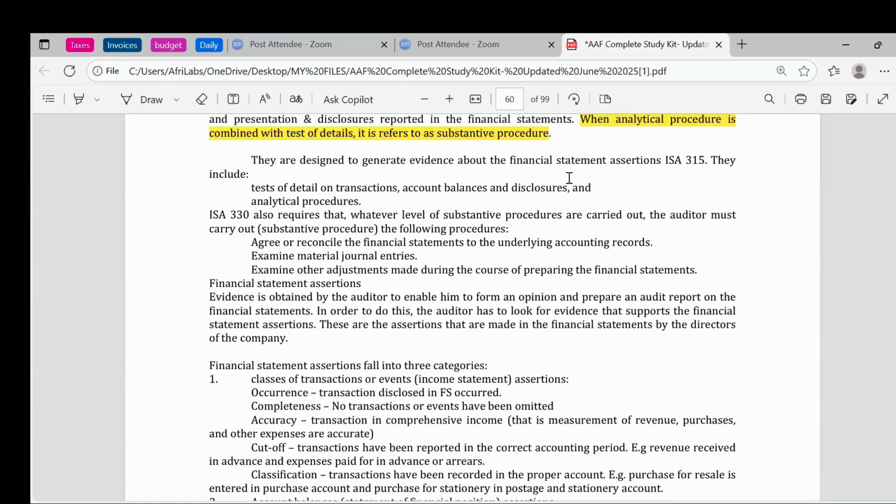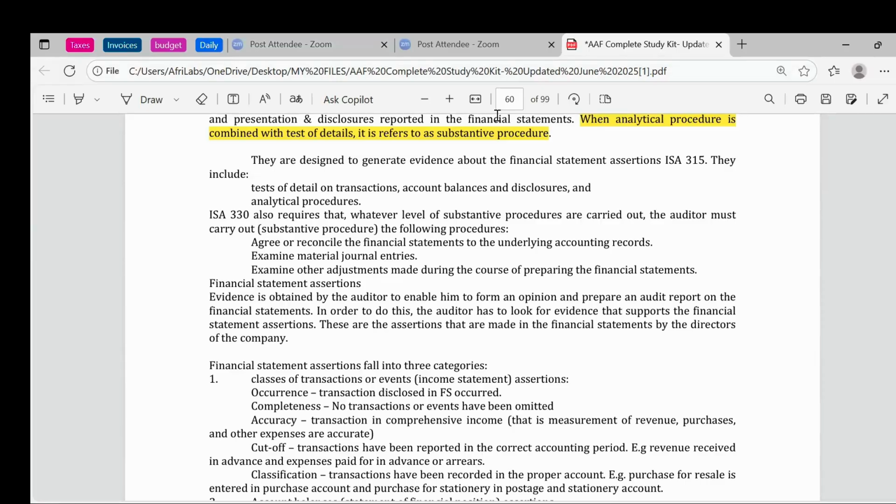What is test of detail? We have two types of tests: test of control and test of detail. Test of control is to check whether the proper control procedures are being followed while processing any transaction.